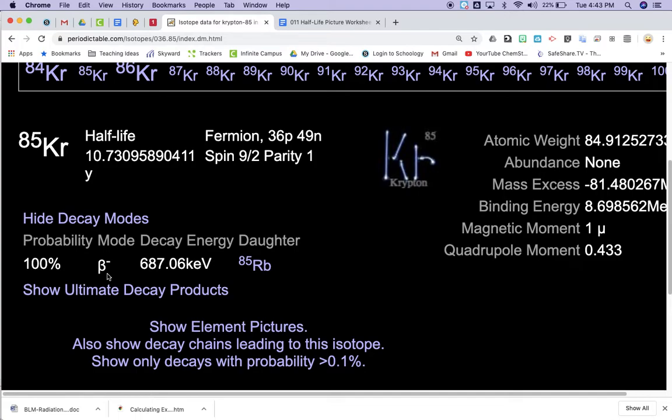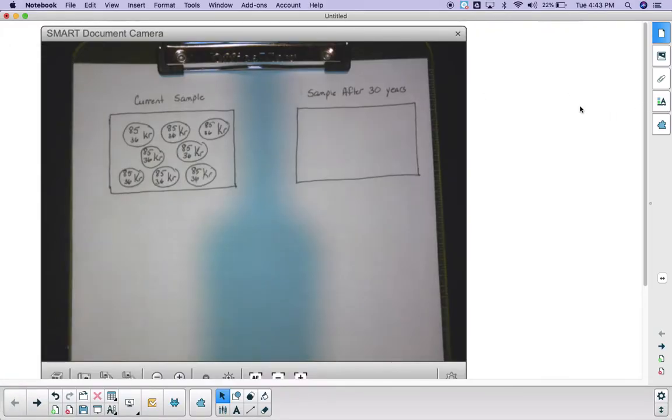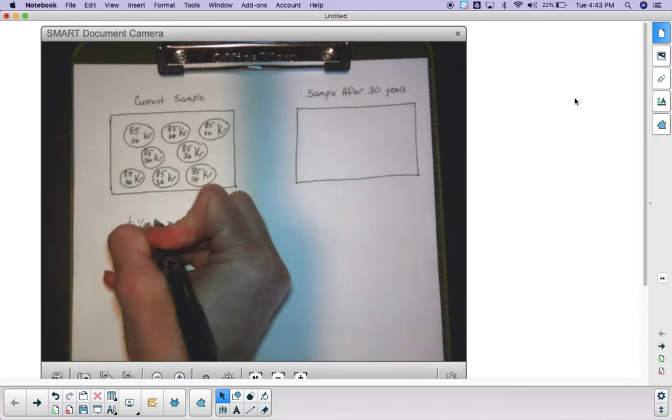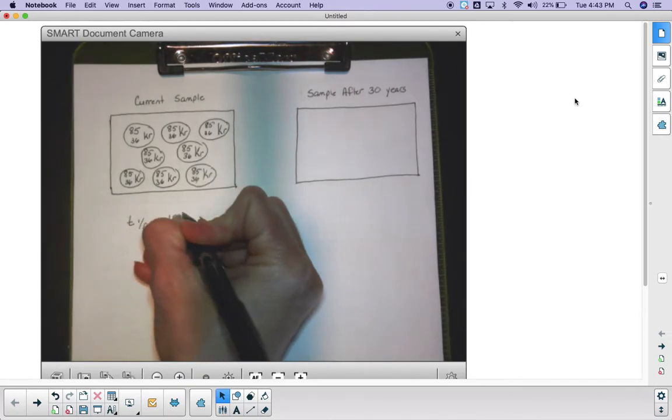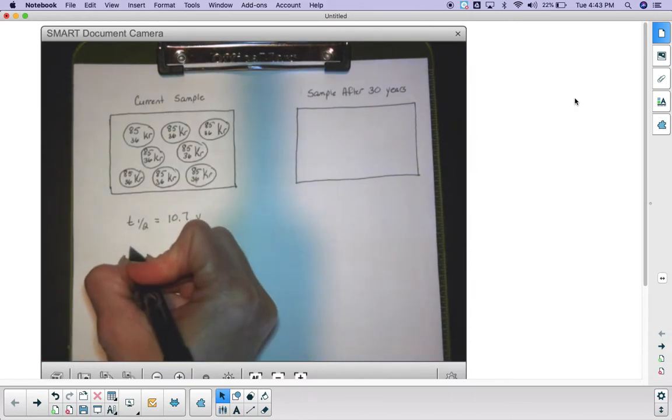It's got a half-life, we'll just go with 10.7 years, and it's going to undergo beta decay. Coming back to my clipboard here, we've got a half-life of 10.7 years, and it's going to undergo beta decay.